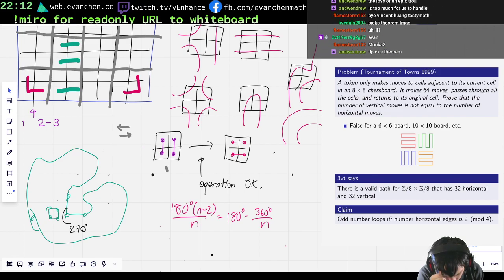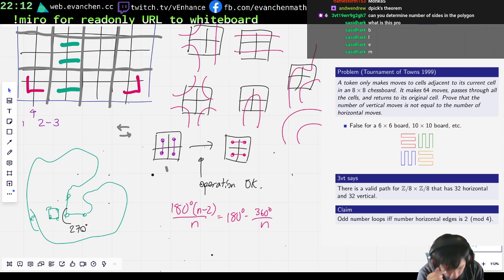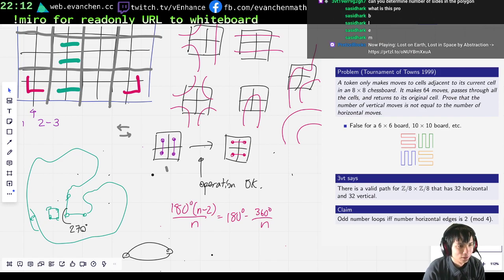Maybe cycles is not even... Can I allow multiple edges? If so, that makes my induction much... Actually, it does. I don't know if it does that much.